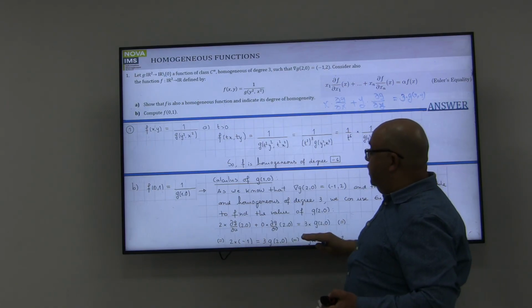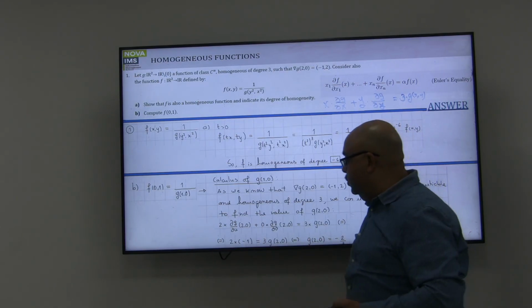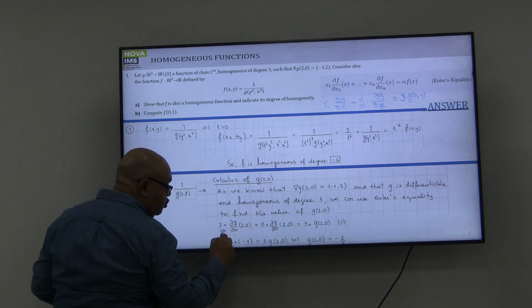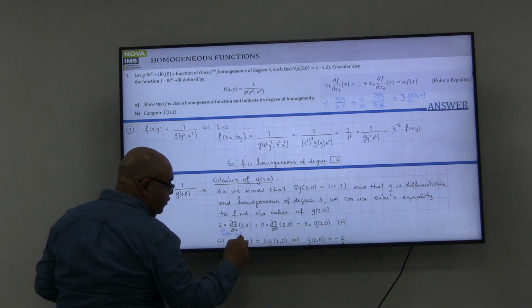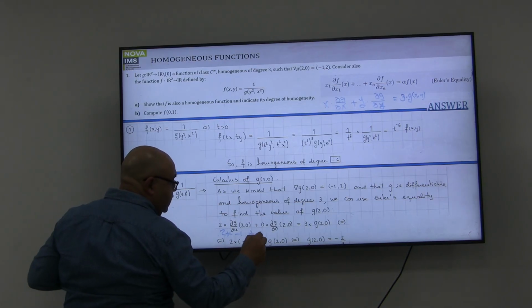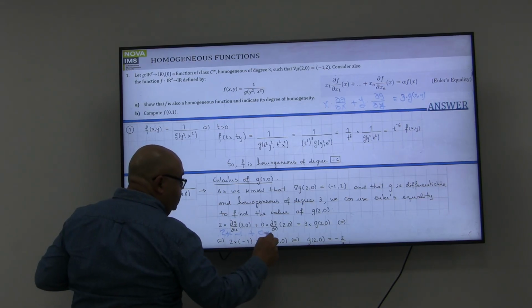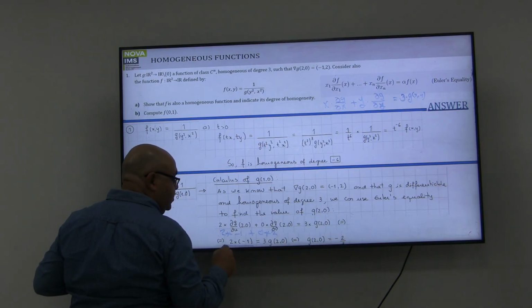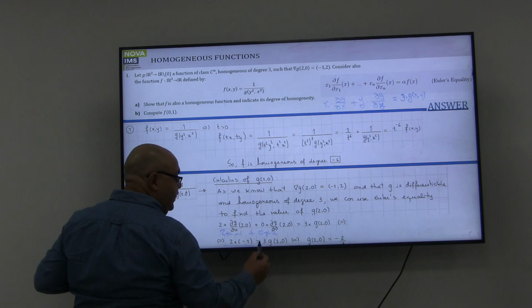So all I have to do is start substituting. So, Karim, this is 2 times -1, then plus, this is 0 times 2. So 2 times -1, that's what's going to remain. This is going to be 0, and that's 3 g of 2 and 0.